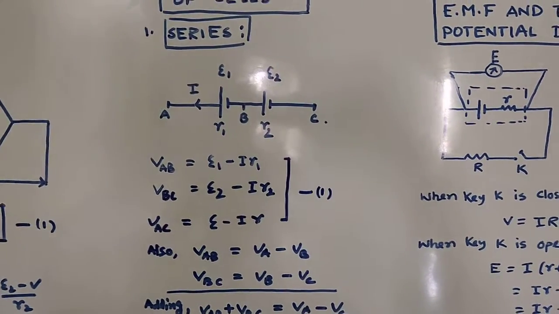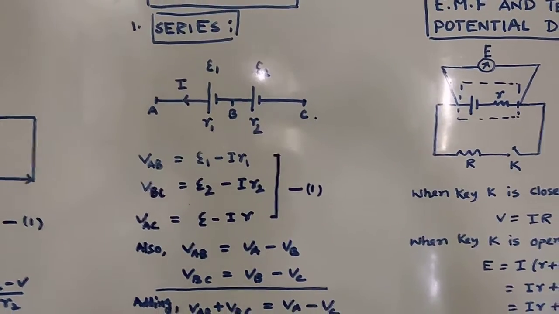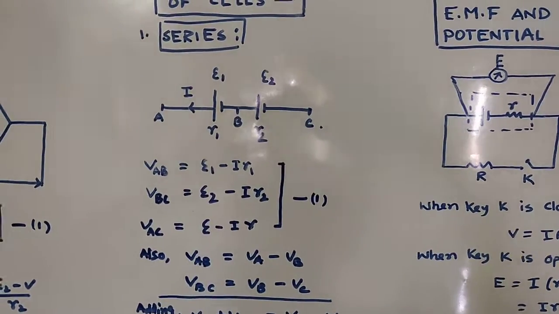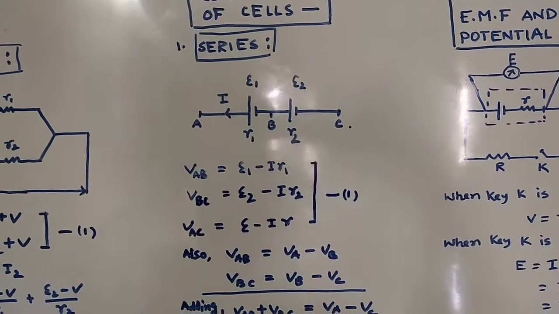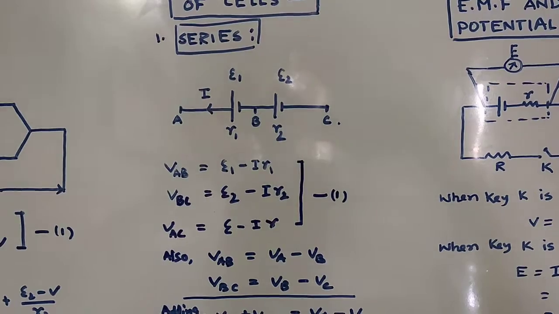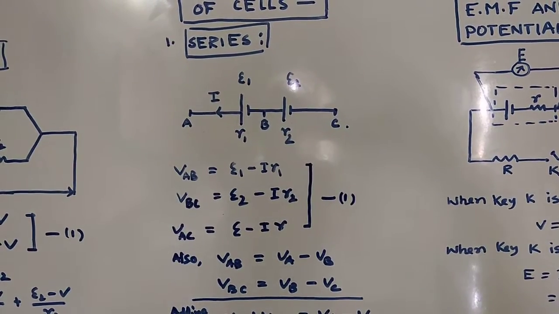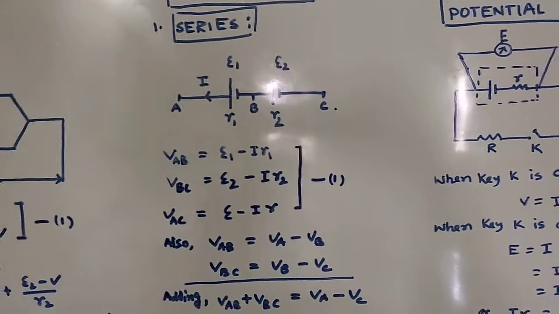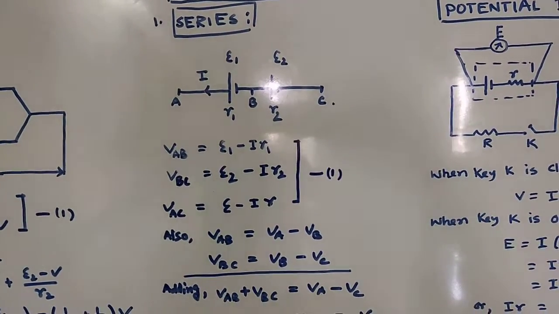So if you consider the system as a combination, V_AC equal to E, your equivalent EMF, minus I small r, where r is your equivalent internal resistance. Also you can write V_AB equal to V_A minus V_B, higher potential minus lower potential, because A is with the positive terminal, and V_BC is your V_B minus V_C.